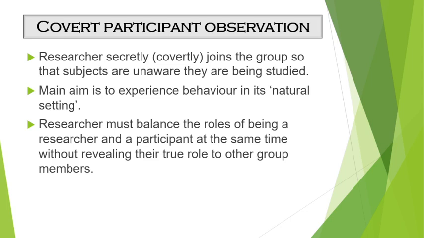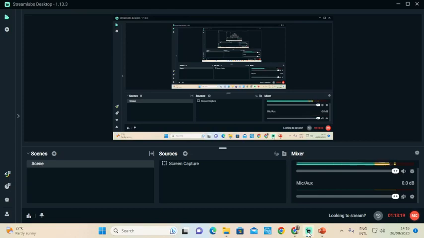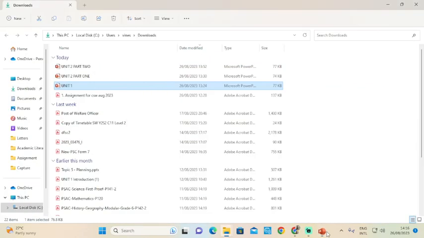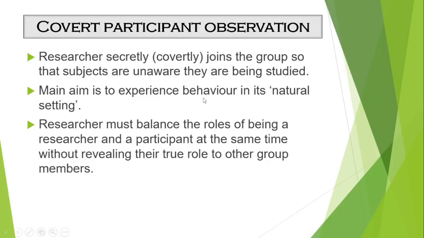This change of behavior is going to have a direct effect on the validity of the information that you are getting. D'accord? Parce que la personne ne va pas agir de façon naturelle. Of course, you're not going to get the most valid data from overt participant observation. C'est toujours un peu valide, oui, mais pas complètement valide. Pas 100% validity. D'accord?